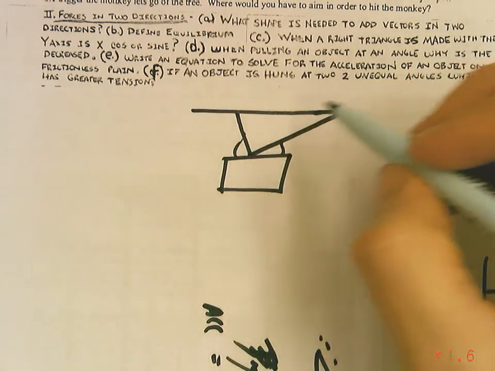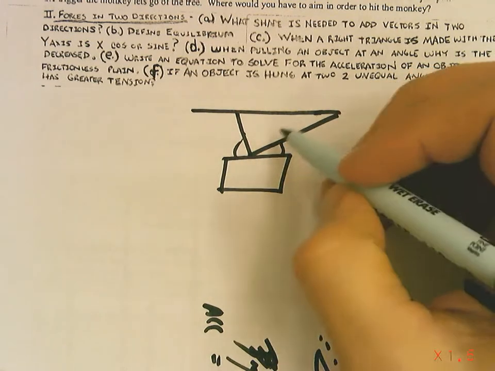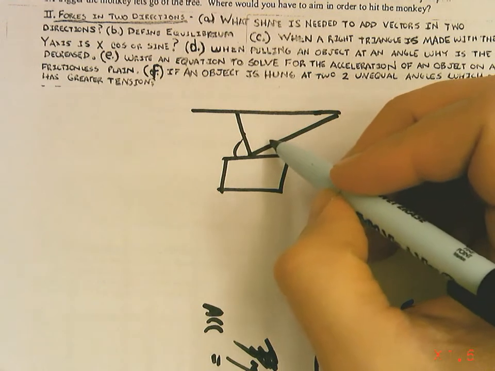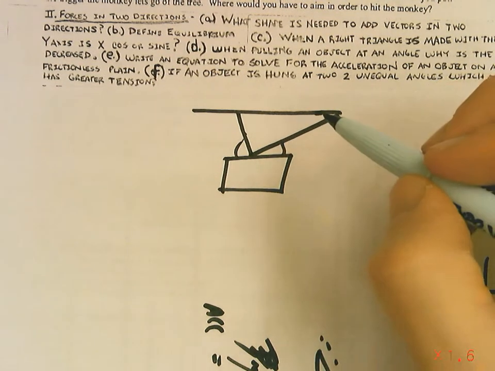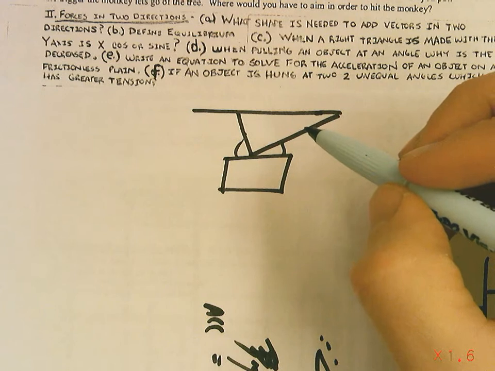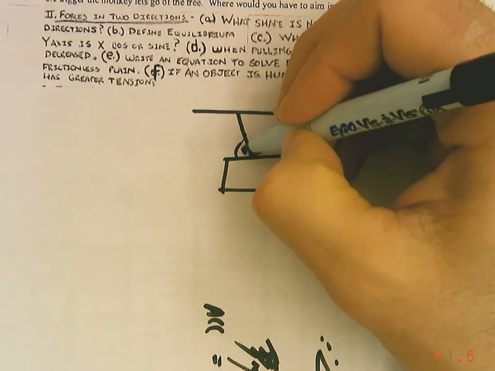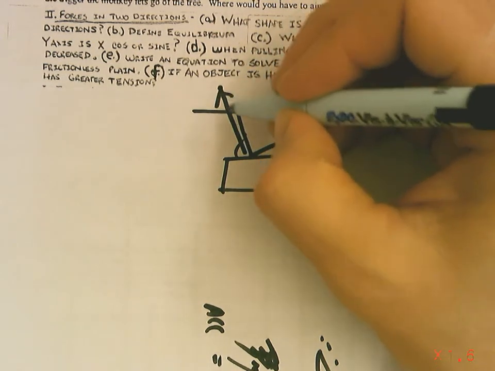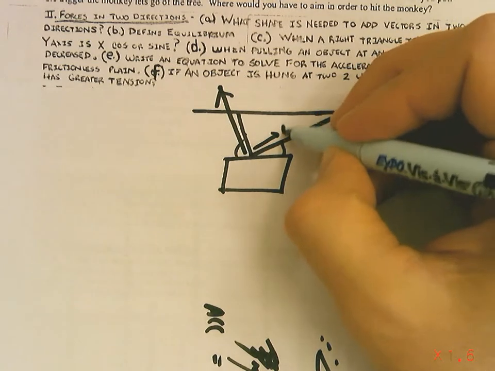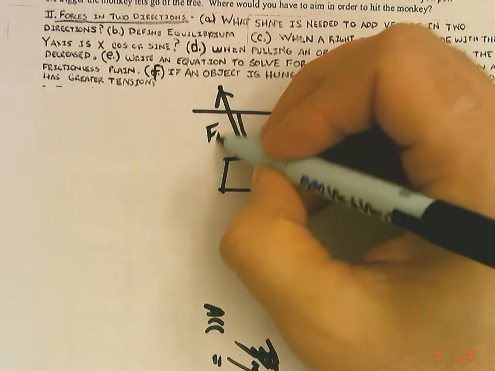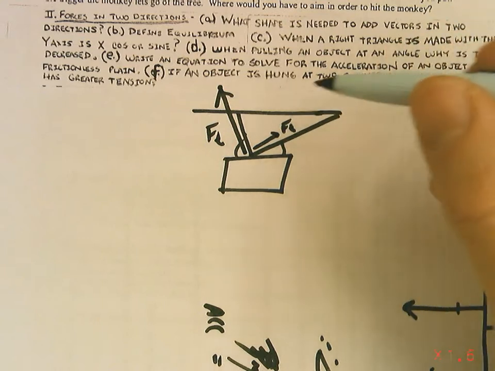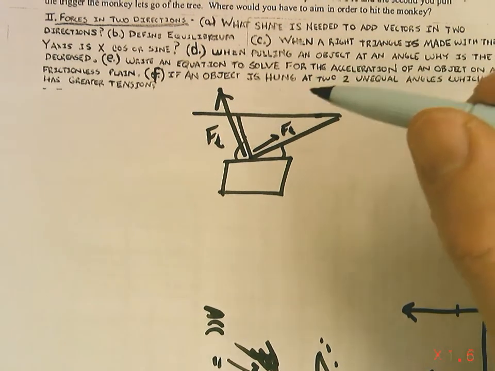So shorter strings result in less tension. So this Ft would be, no, that's not right. The shorter string would have greater tension. So this one would have a lot of tension, and this one would have a little bit of tension. So the FT on the shorter string would have greater tension.